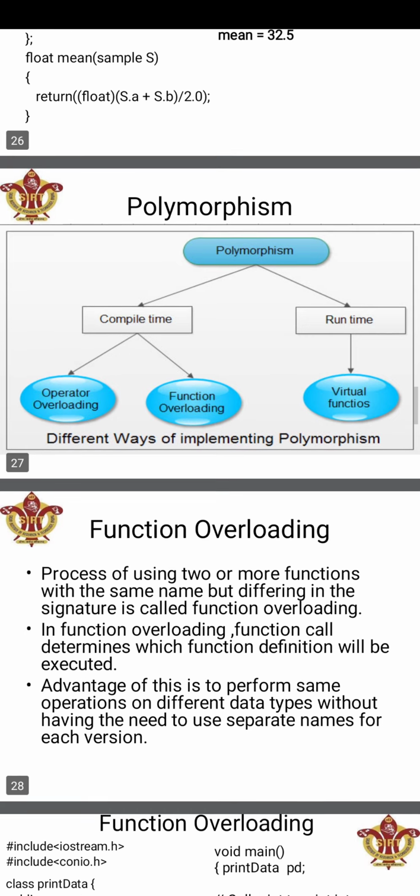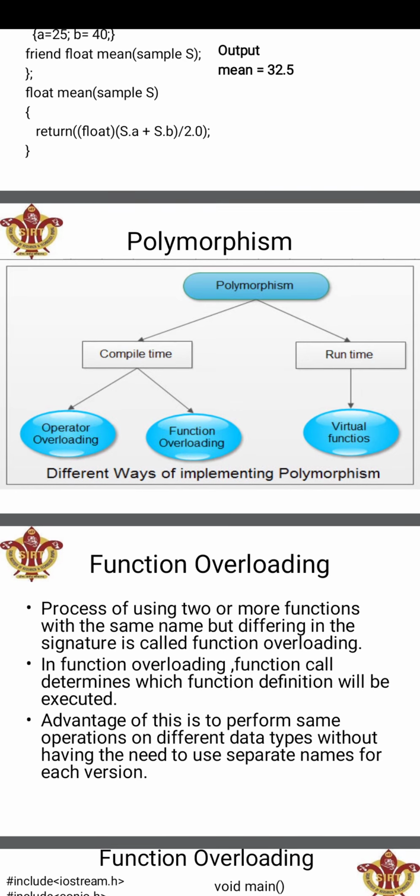Polymorphism can be done at two different times: one is compile time and another is runtime. In compile time, the examples are operator overloading and function overloading, and in runtime we make use of virtual functions for achieving runtime polymorphism.